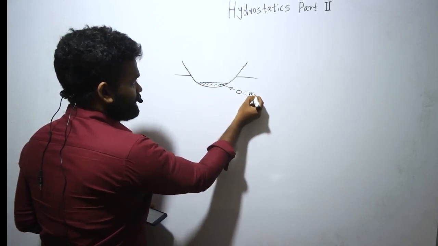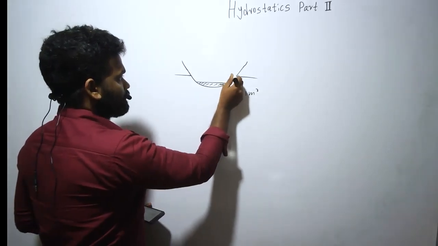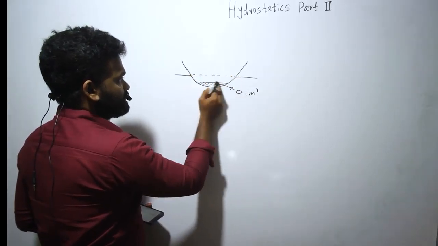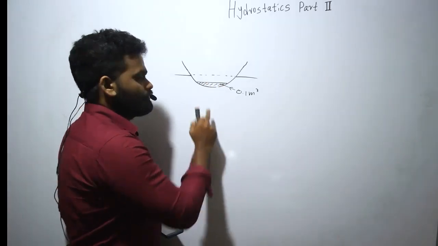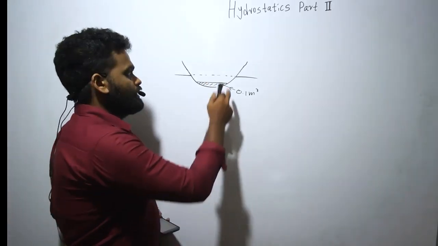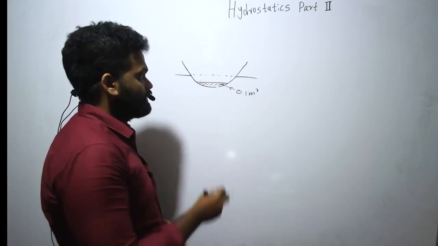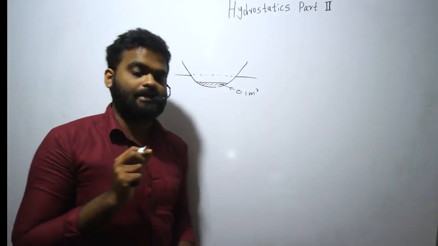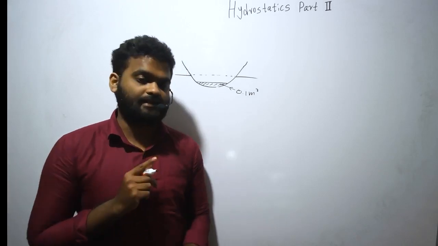The volume of that water is 0.1 cubic meter, right? So this is the leaked amount of water. You can see that this boat is floating, right? There's a really important concept here that you have to understand. Many times they have checked this, right?